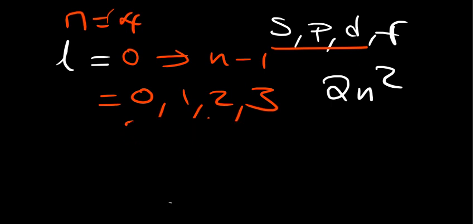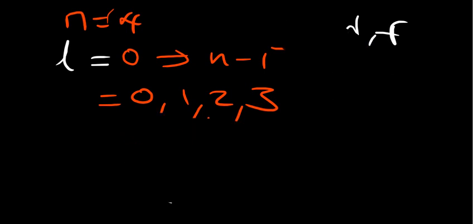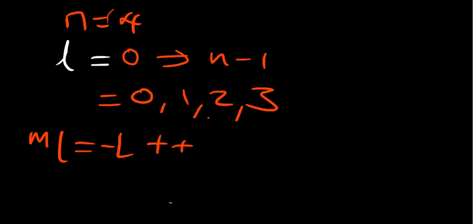Okay. So from the angular quantum number, what did we say again? We said you go to the magnetic quantum number, which is dependent on the angular quantum number. So this one moves from the negative to the positive value of L. So each angular quantum number has its set of magnetic quantum numbers.